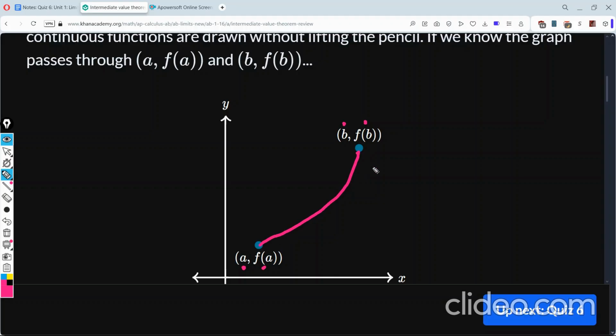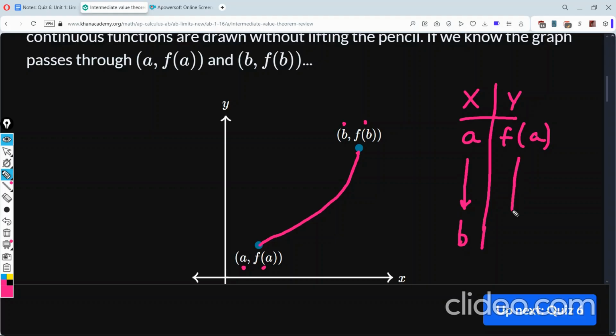So if you had a table of xy coordinates for this graph right here, the x coordinates would run from a to b and all the points in between. And the y coordinates would run from f of a to f of b. And the points on this graph would be all the points in between.